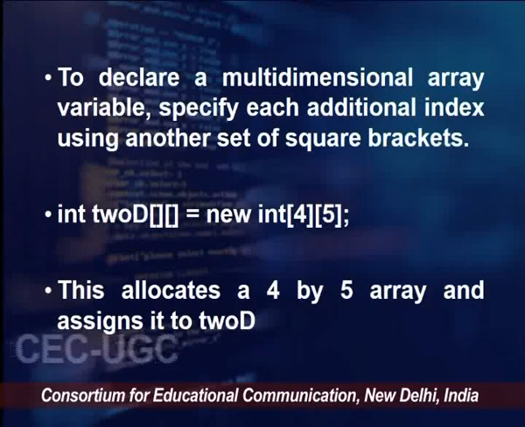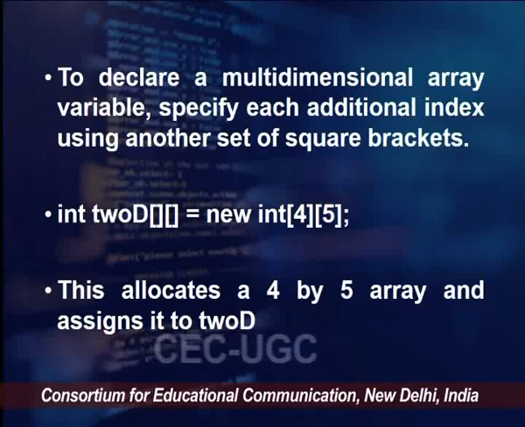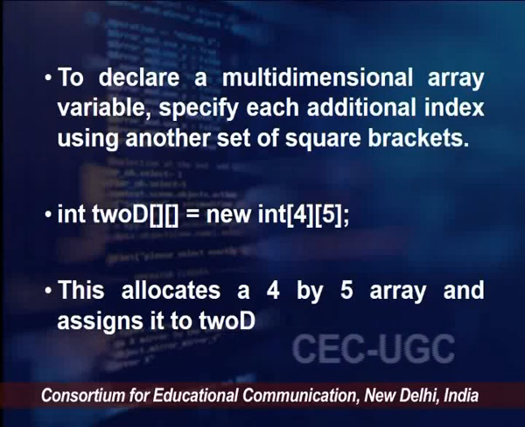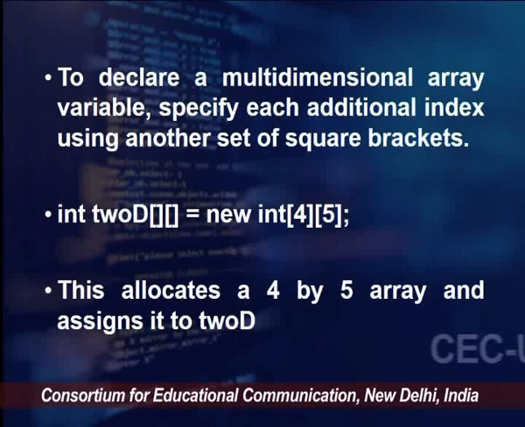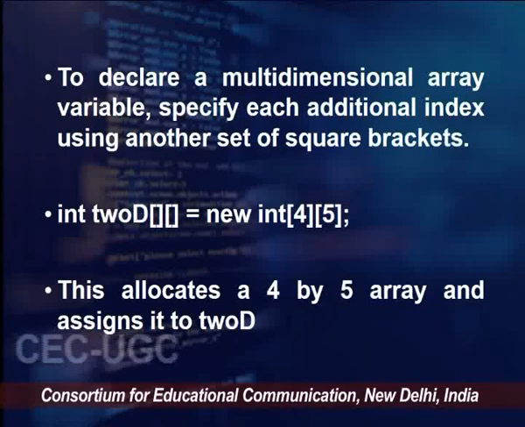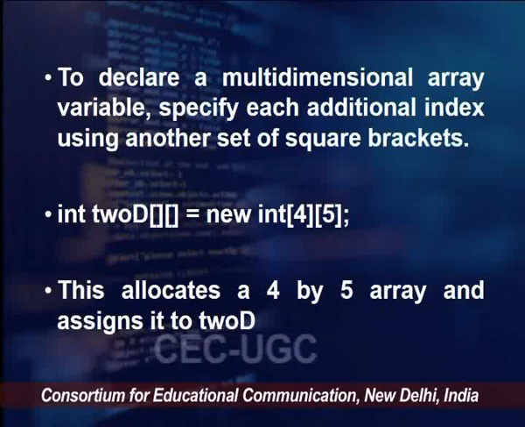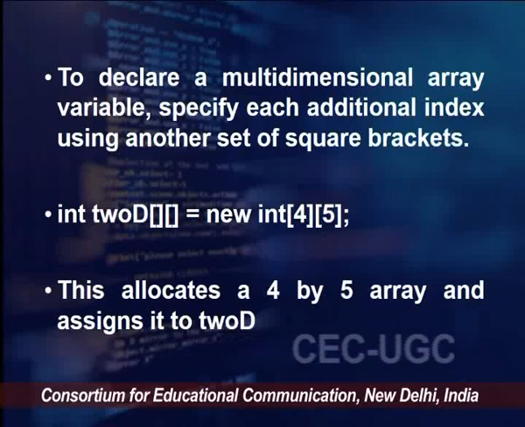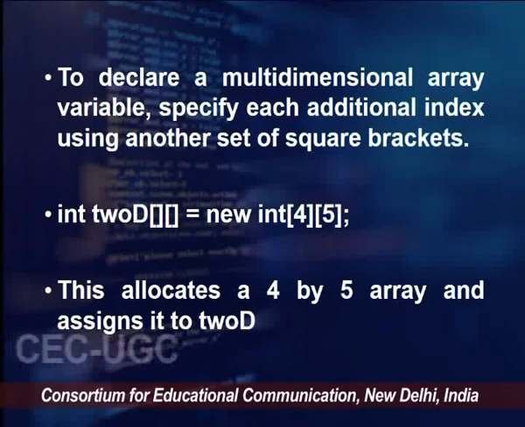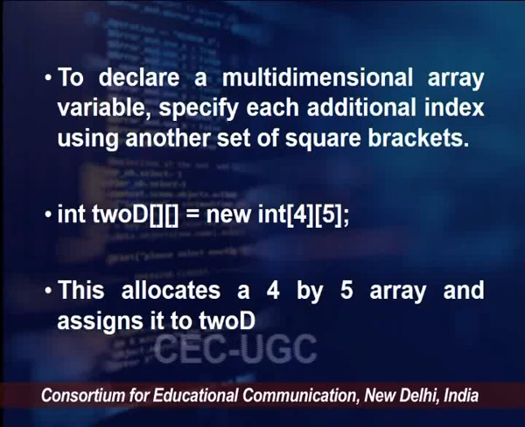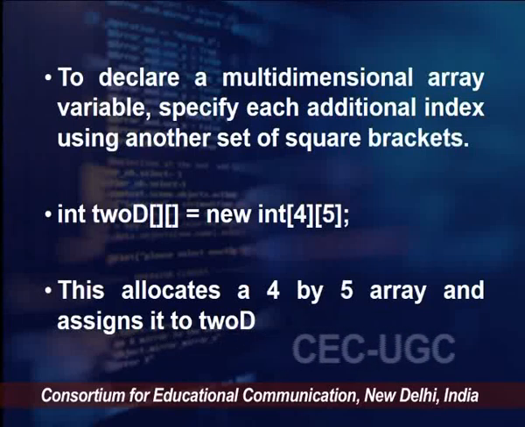In order to declare a multi-dimensional array variable, we need to specify one more index. If I am talking about a 2D array, using another set of square brackets. The name of the array here is 2D, and the type here is integer. So the syntax goes like this: int 2D, then one set of square brackets followed by another set of square brackets.